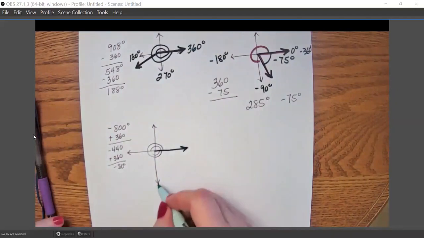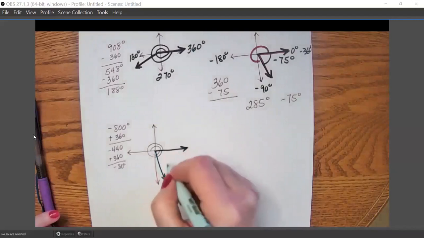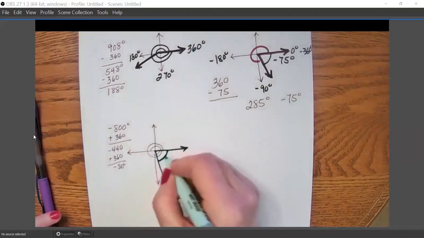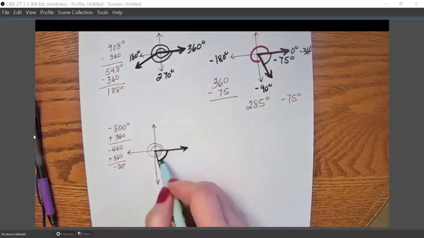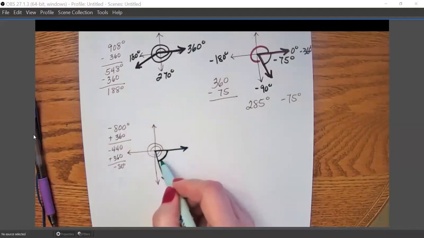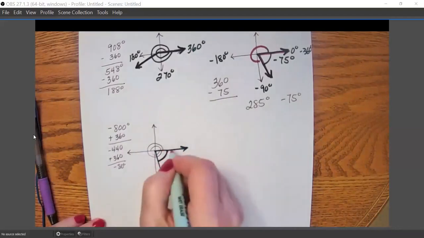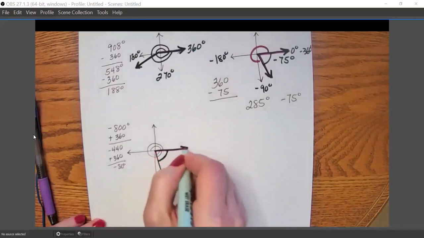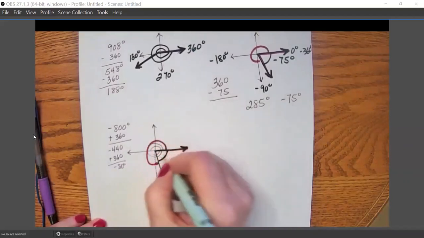This is negative 90. Negative 80 is about there. That is a negative 80 degree angle. That is a negative 440 degree angle. And that is also a negative 800 degree angle. But what is the smallest possible positive angle that is coterminal? That's an angle that has that as its initial side. And we're talking about that measurement.